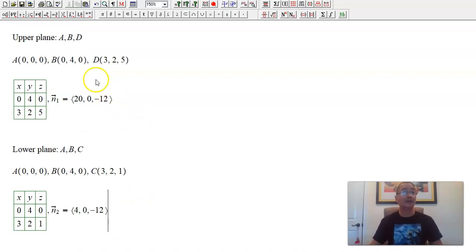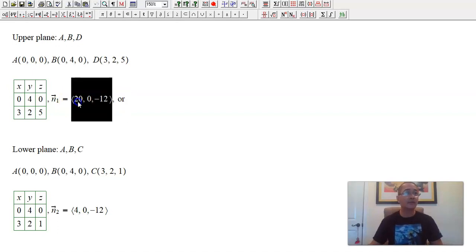Here are my cross products. The vectors are (0, 4, 0) and (3, 2, 5), since we are connecting to the origin. So for x, we get 20 minus 0, 20; y, 0 minus 0; z, 0 minus 12. We can of course use a smaller normal vector.